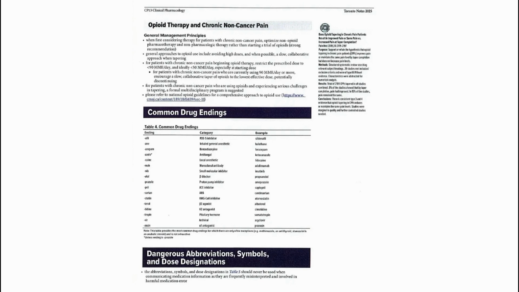General management principles. The first recommendation is that non-opioid pharmacological therapy and non-pharmacologic treatments should be optimized before considering opioids. Non-opioid medications may include acetaminophen, NSAIDs, antidepressants such as duloxetine, anticonvulsants such as gabapentin or pregabalin.